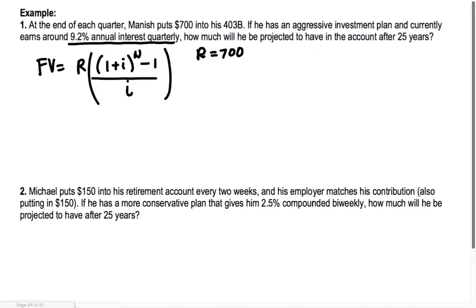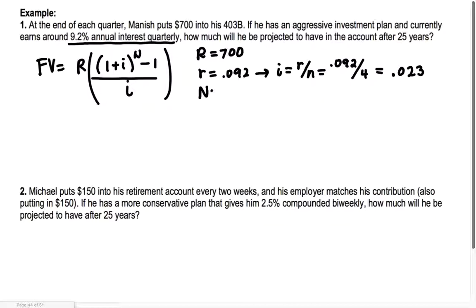And it says his interest rate is 9.2%. Well, that's little r from before, so 0.092. So my I is going to be little r divided by n. So it's going to be 0.092 divided by quarterly, which is 4. That's what I was saying was tricky for students. So we get 0.023.